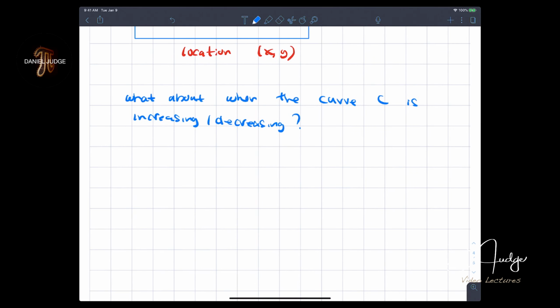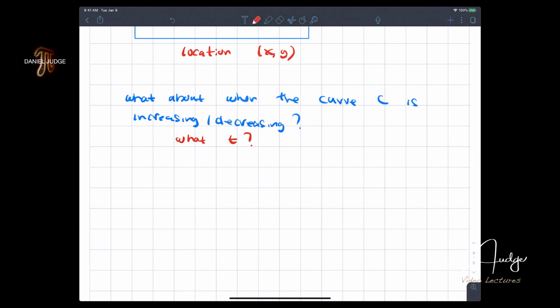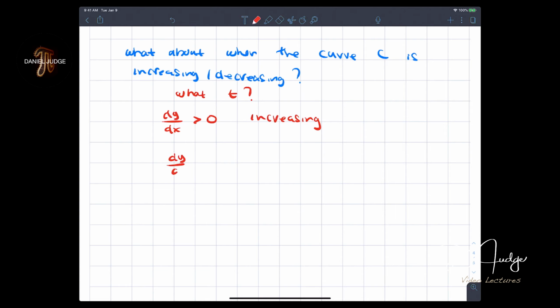Here's what they really mean. They're going to ask, for what t? So when do you have increasing or decreasing points on a curve? For what t does that happen? We have to remember our calculus 1. Well, we have dy/dx greater than 0, and that means we have an increasing situation, and dy/dx less than 0 means we have a decreasing situation.